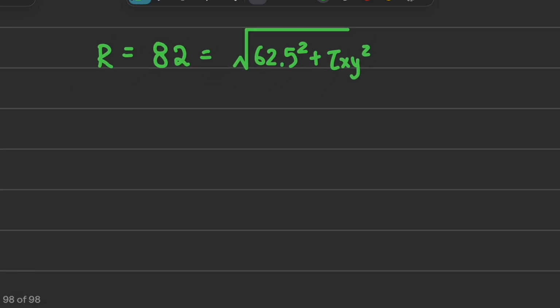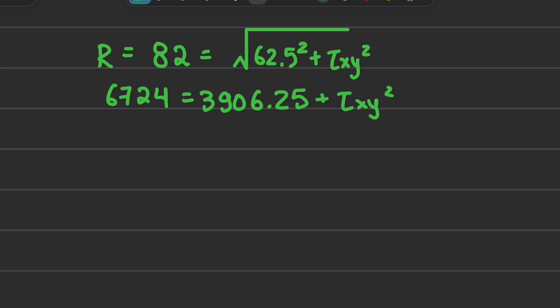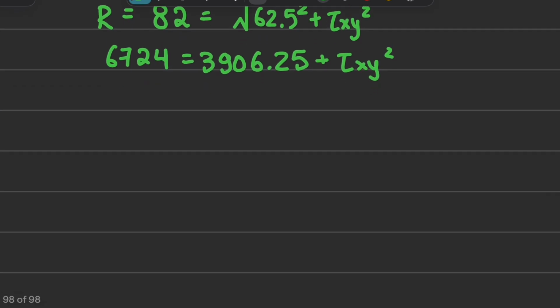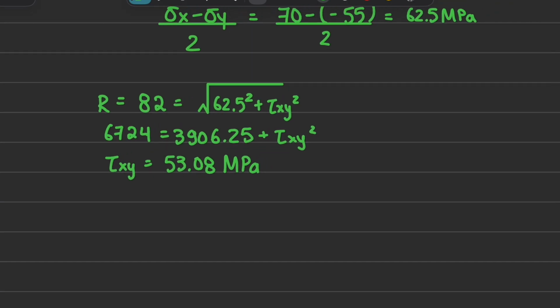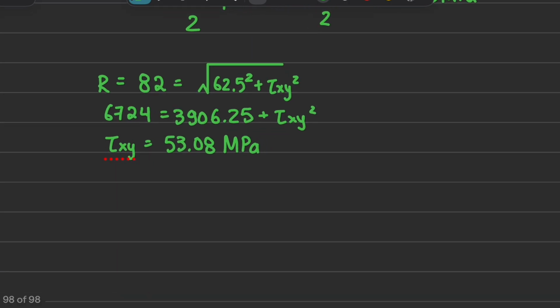And if we square both sides, we remove the square root. And if we solve for this, equals to 53.08 megapascal. Do these calculations on your own in case I did it incorrectly.